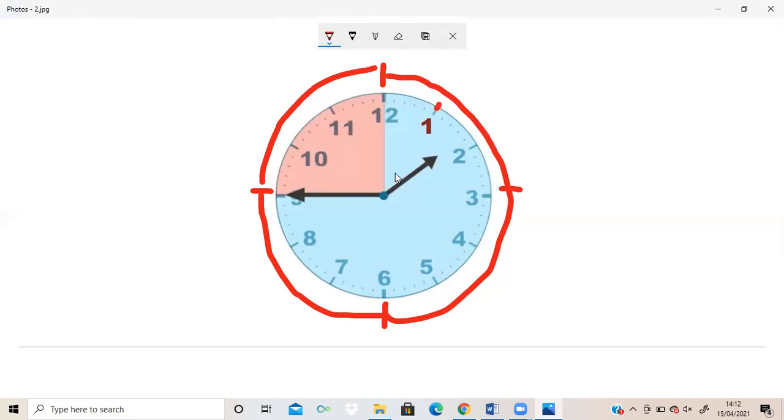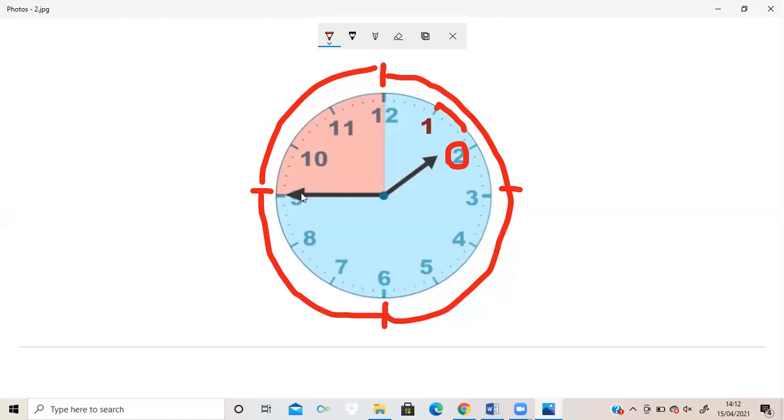The minute hand goes fast and the hour hand goes slow, so when the minute hand goes from here and arrives on 9, the hour hand starts its journey from here and reaches here, and its destination is 2 when the minute hand will be on 12.